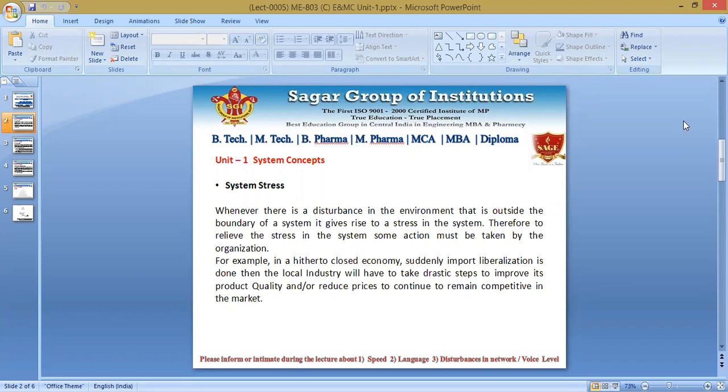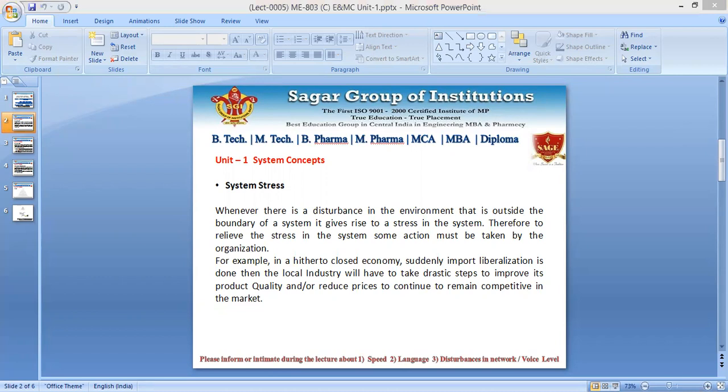यहाँ हम जो पढ़ रहे हैं, that is business stress. So how and why and for what factors these stresses came out, and how it affects the business. So obviously these stresses normally come from the environment side, from outside the boundary of the system, but it creates stresses inside the system.